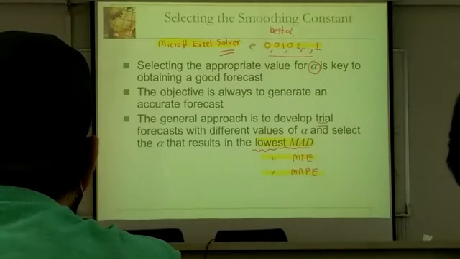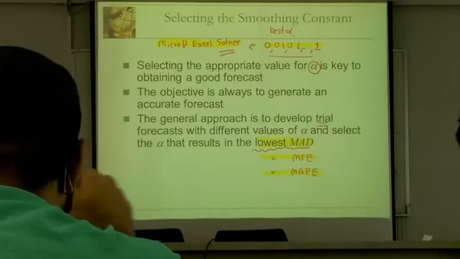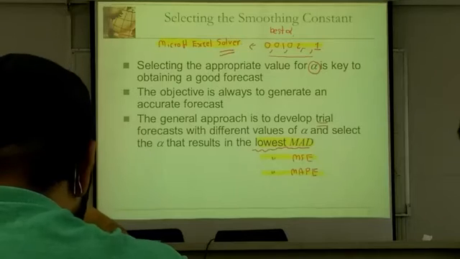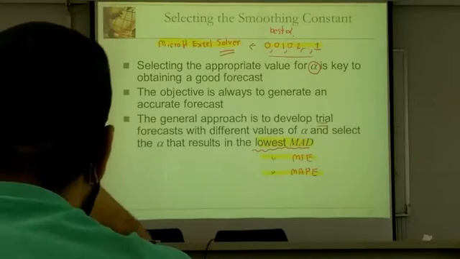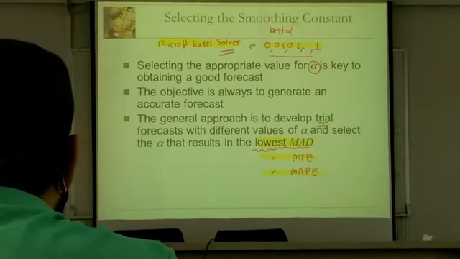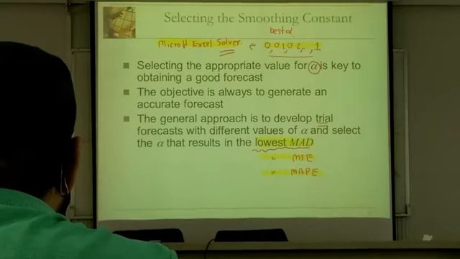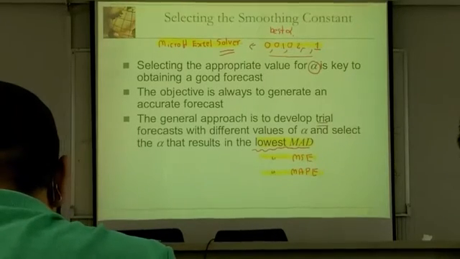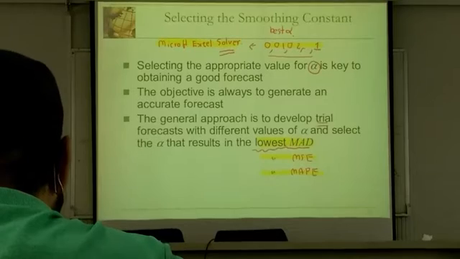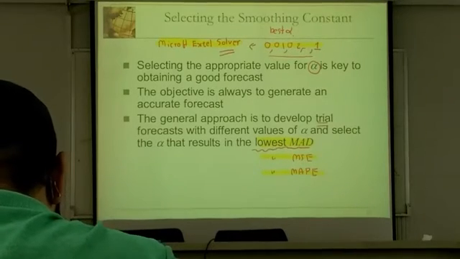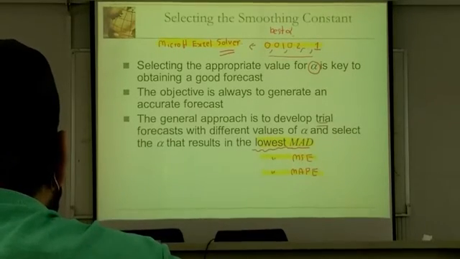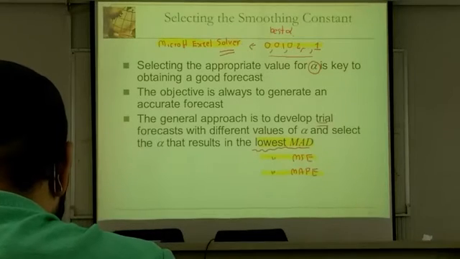So the quick question is, which alpha should I use then? Probably not today, but later, I'll show you how you can use Microsoft Excel Solver to calculate the best alpha. An alpha should be between 0 and 1, and I can pick the best alpha that gives you the lowest MAD, or lowest MSE, or lowest MAPE.